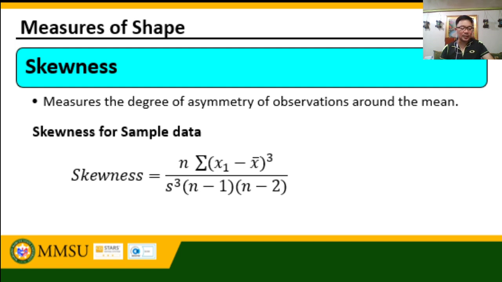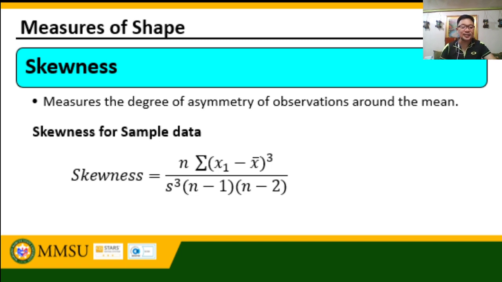Thus, the coefficient of skewness measures the degree of asymmetry of observations around the mean, which is computed using the following formula.